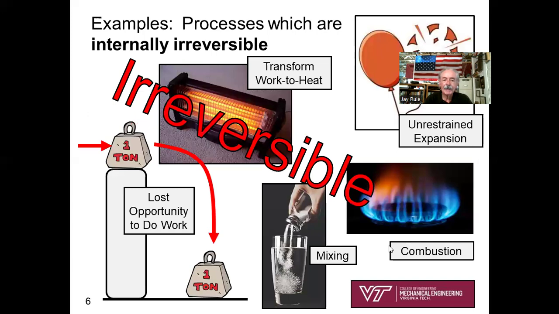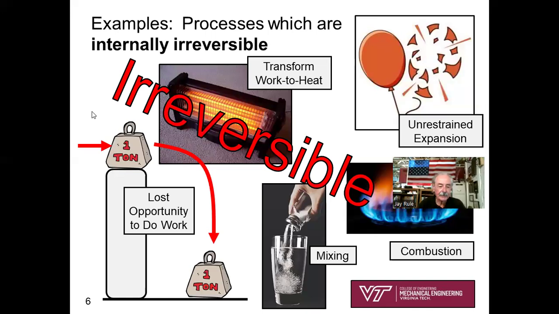Section 5.3.4 is for you to have a look at and dissect a little more. Let's have a reminder of processes that are internally irreversible. So no getting around it. These examples are clearly irreversible inside the system. Unrestrained expansion is internally irreversible. Transforming heat into work, in other words a baseboard heater, irreversible.